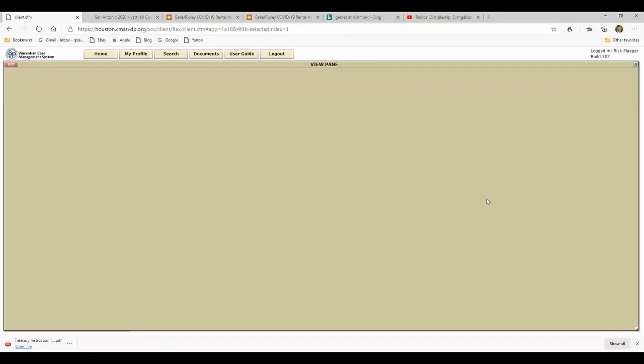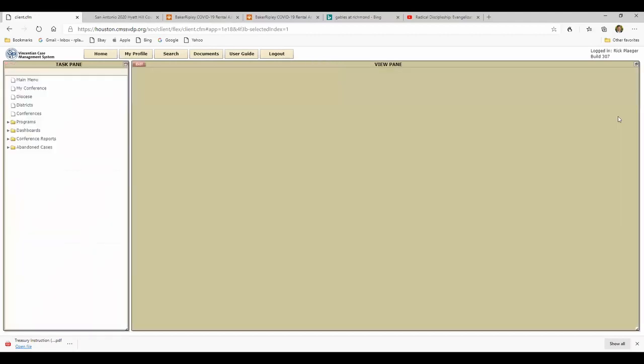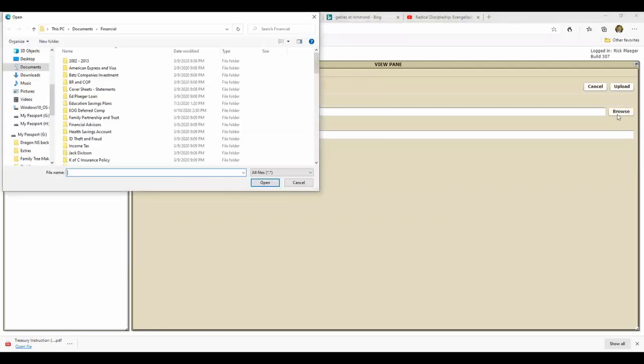And if, for example, you have a written pledge that you want to attach to this that you have saved to your computer, anything that you have saved to your computer, if it's a picture of a utility bill, if it's really anything that you think would be helpful at some point in time, you hit the upload button, it asks you to browse, and it'll give you the opportunity to browse your computer.